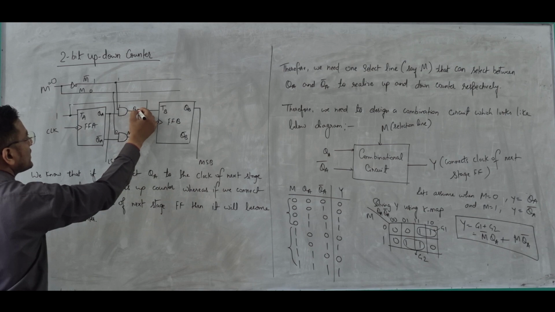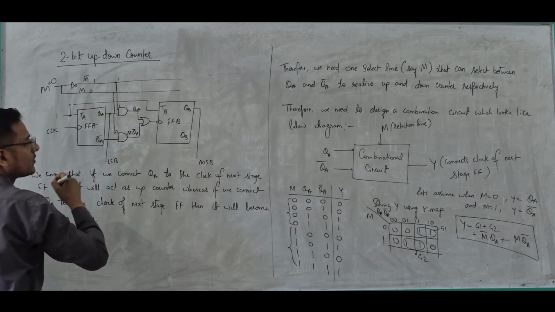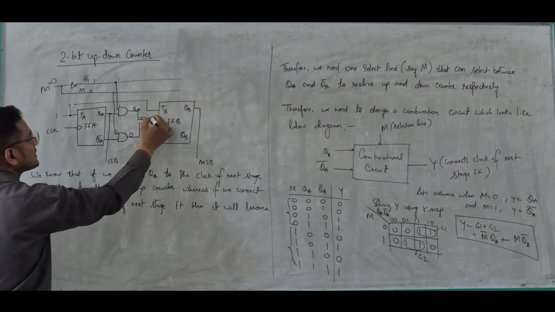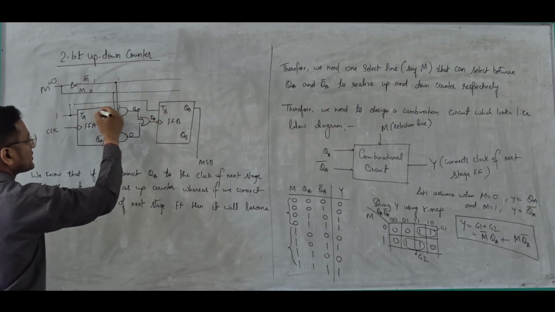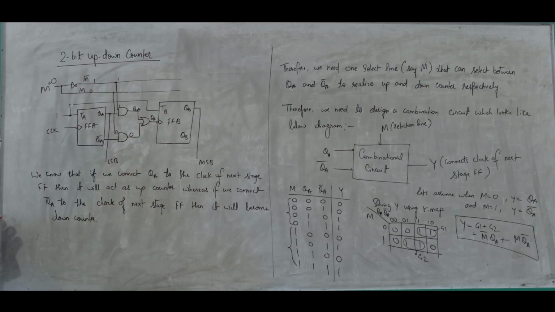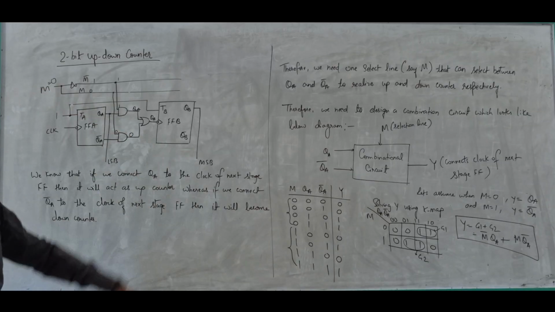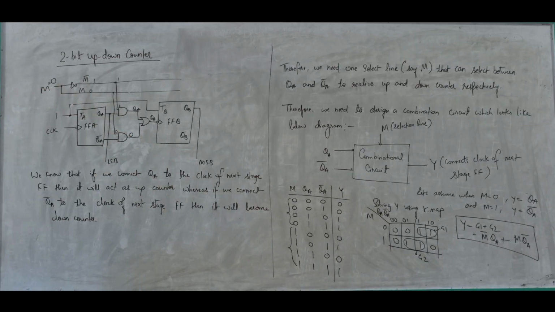So 1 AND QA is QA. Right? And what do you get here? You get 0 here. Now 0 plus QA is QA. So what is getting in? QA. It means it is acting as an up counter. When M is 0, it is going to act as an up counter.